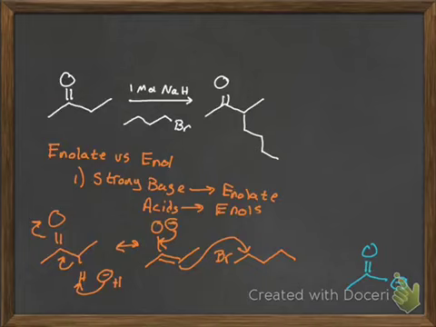Okay, so this would be the nucleophilic attack we would do. And this is what I'm not sure that I pointed out yesterday or the previous video that we did. You always have to use primary alkyl bromides.